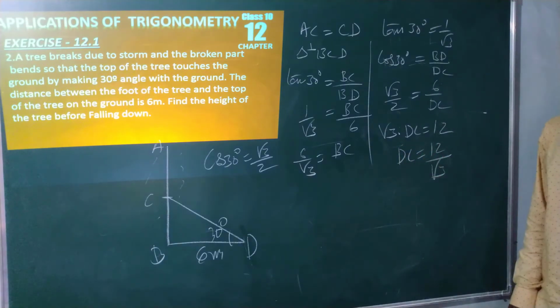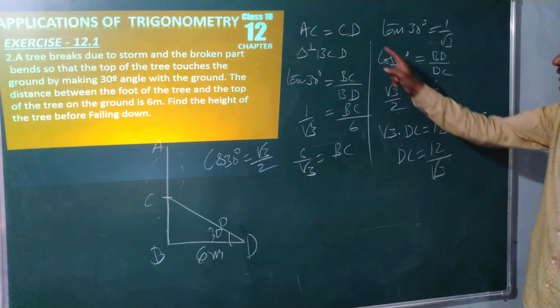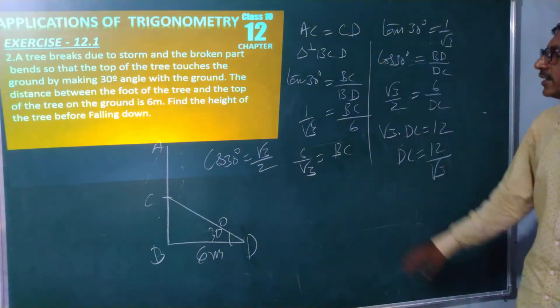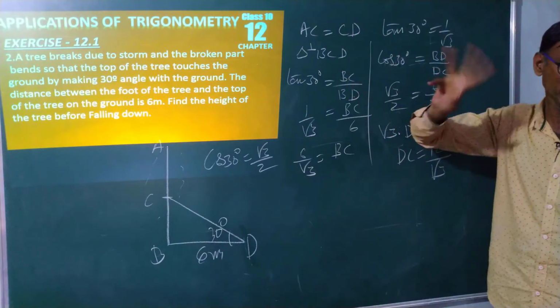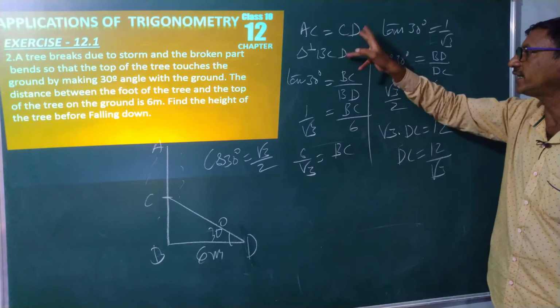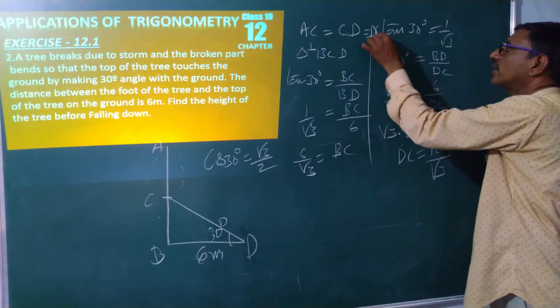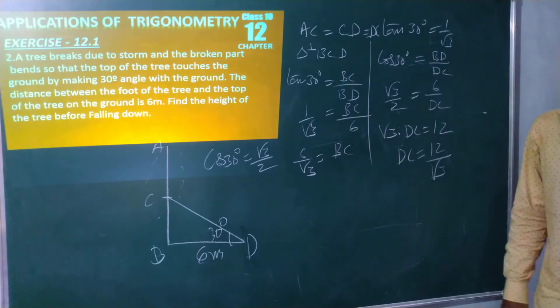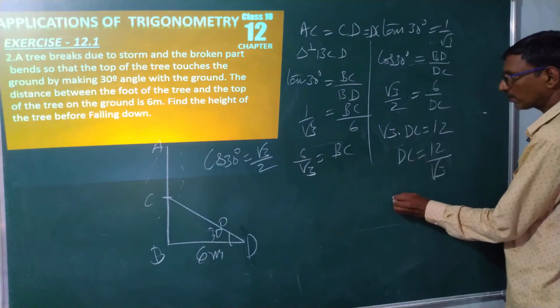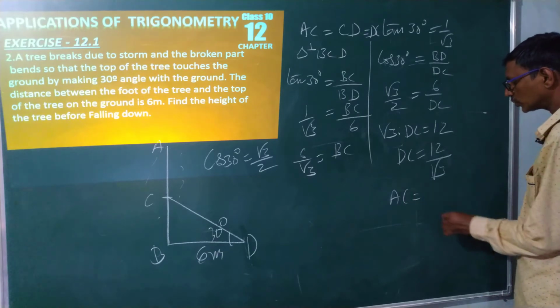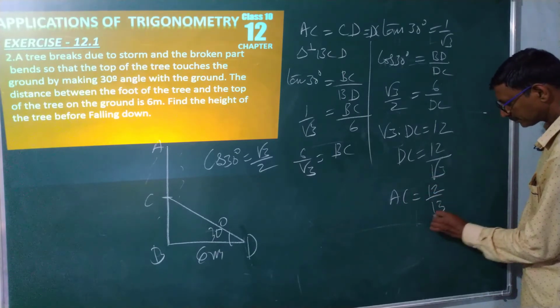That's all. Now DC is nothing but AC. CD and AC are both equal. So CD is nothing but AC. We can call it DC or CD, nothing will happen. Therefore, AC is equal to 12 by root 3.